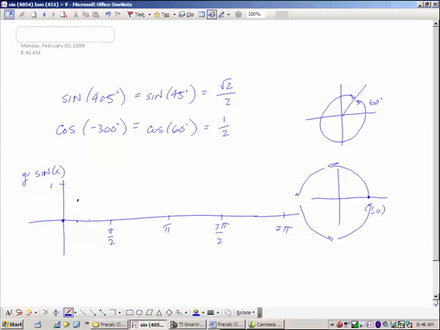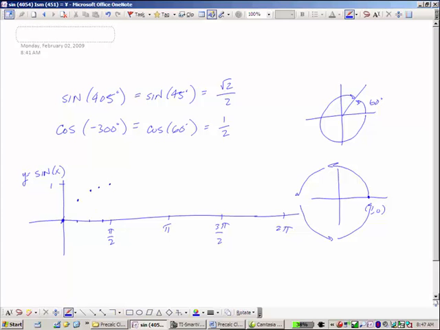And then at pi fourths, where is she? Root 2 over 2. I don't know what that is. What's that, 0.7 something? All right. At pi thirds, which is a little less than pi halves, she's at root 3 over 2. And then finally at pi halves, she's all the way up at 1.